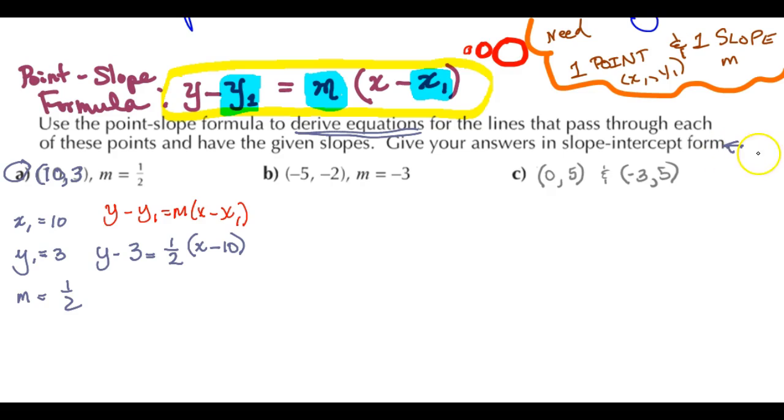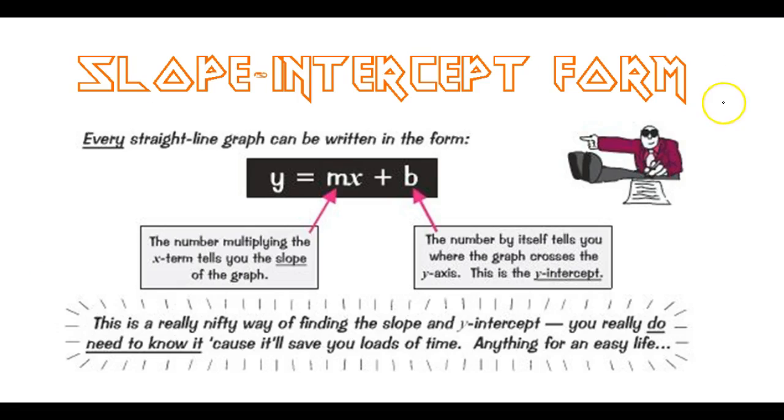In case you don't remember what slope-intercept form is, it's basically what you get when you take your linear equation and solve it for y. So get y by itself on the left and put everything on the right with your x term first and then your constant term.